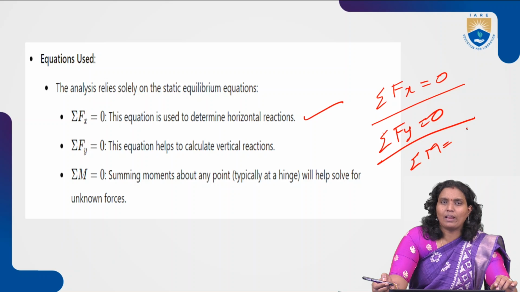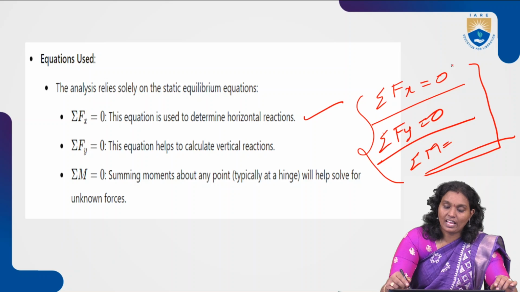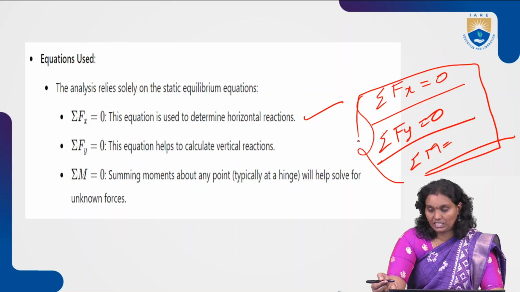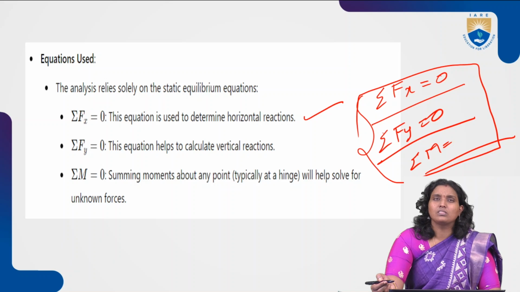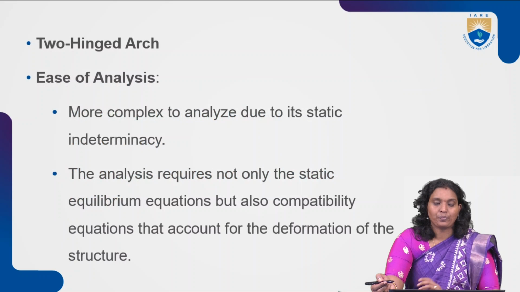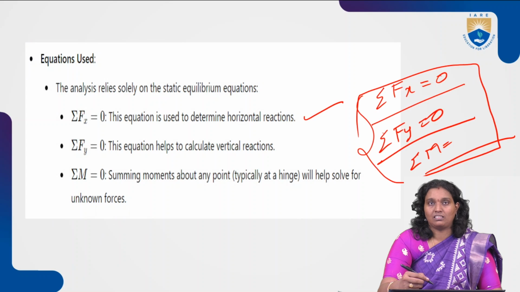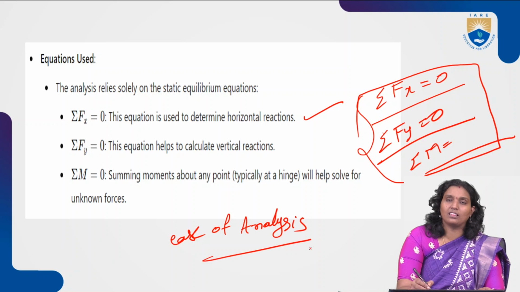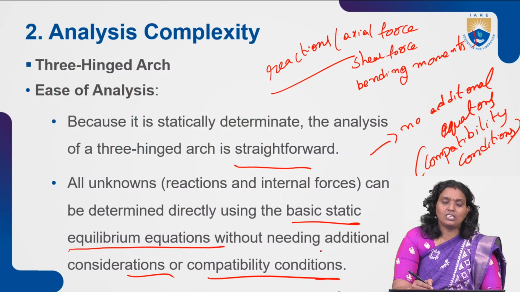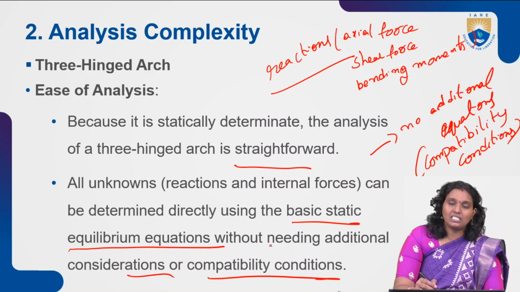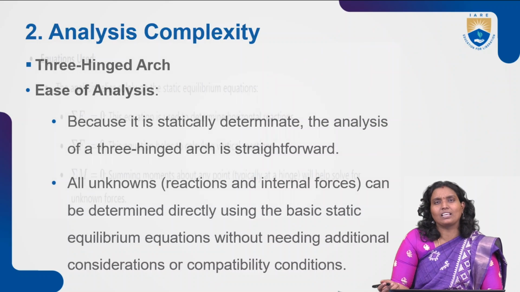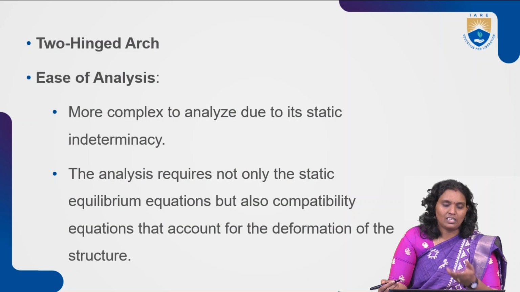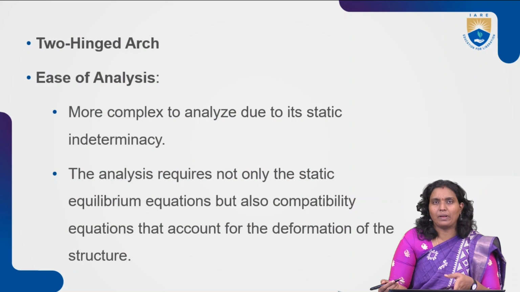For vertical reactions, horizontal reactions and moments, these equations are enough for getting the unknowns for three-hinged arches, and that's why it is easy to analyze. So ease of analysis is there when compared to two-hinged arches. It is easy to analyze because we directly get the unknowns using the direct equations, those static equilibrium equations.